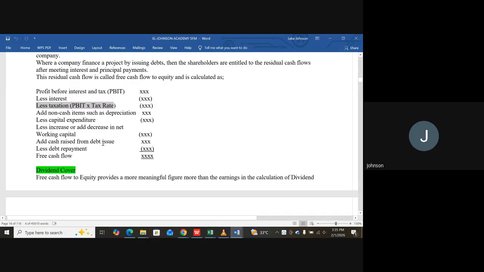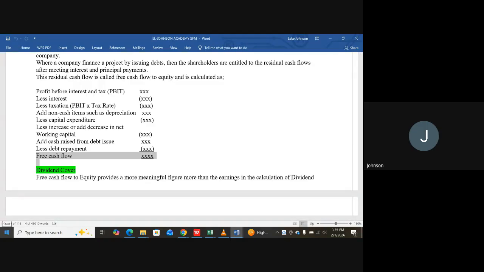So this is where the difference is coming. Number one, know that this free cash flow that is remaining does not belong to the debt holder, so you need to settle them ahead. Settle them first. You first give them the interest that belongs to them. Then also less your taxation, which is normal. Then add your non-cash items such as your depreciation.